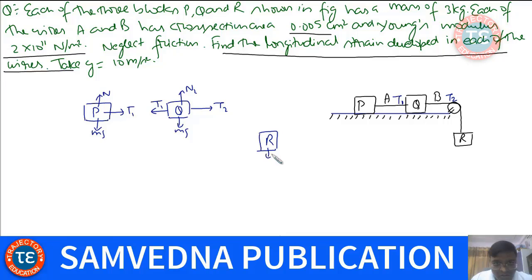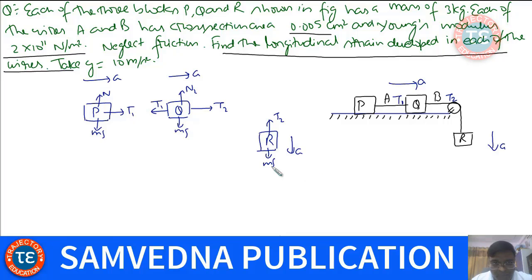And then you have R, which is hanging. So you have Mg over here and T2 over here. And suppose the acceleration is a. So if a is the acceleration in downward direction, the acceleration of P and Q will be a towards right. So this is acceleration a, this is acceleration a, this is acceleration a.